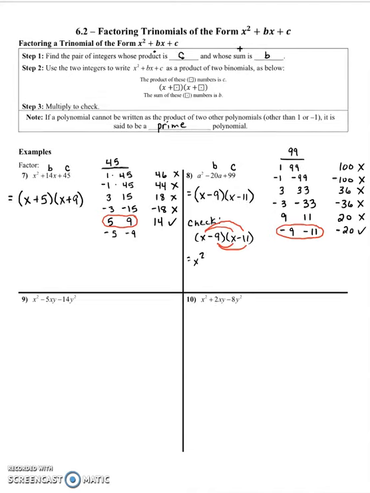X times negative 11 is negative 11x. Negative 9 times x is minus 9x. And negative 9 times negative 11 is plus 99. And if we combine like terms, we have x squared minus 20x plus 99, which is what we started with, except with a's. All right, so I should have used a's.